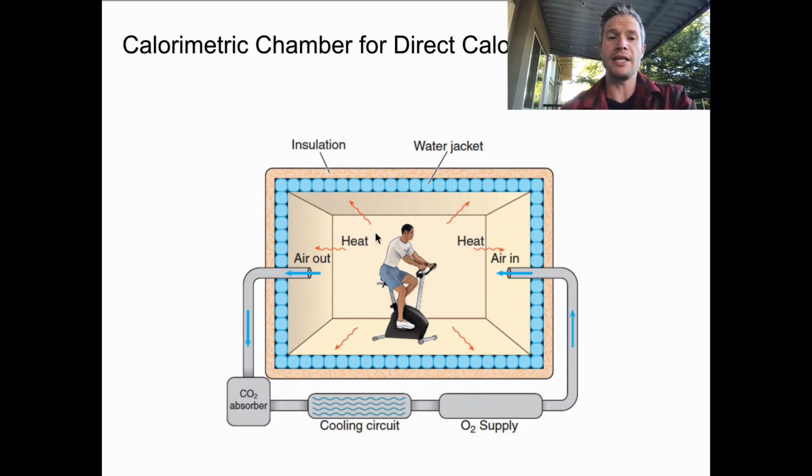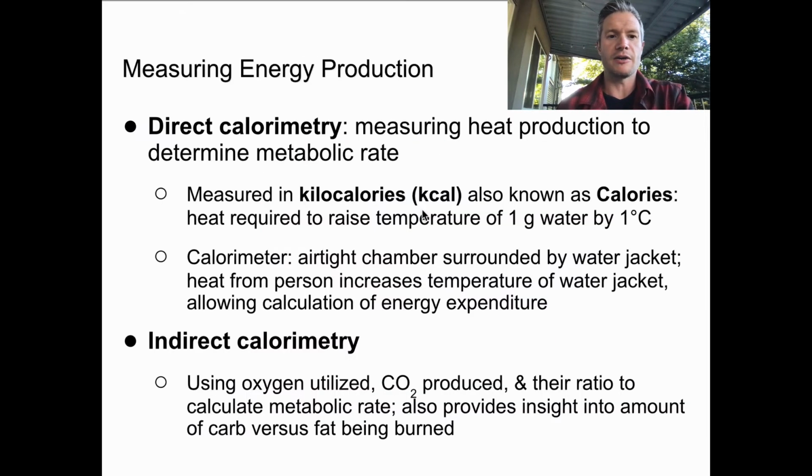So the amount of heat that this person gives off during exercise is one form of energy conversion that occurs. When we metabolize food, we use energy, and some of that energy gets lost through heat. Actually, a lot of it does. So we need to capture that as one form, but we can also measure the amount of CO2 that comes in, as well as the oxygen provided and used by our cyclists here.